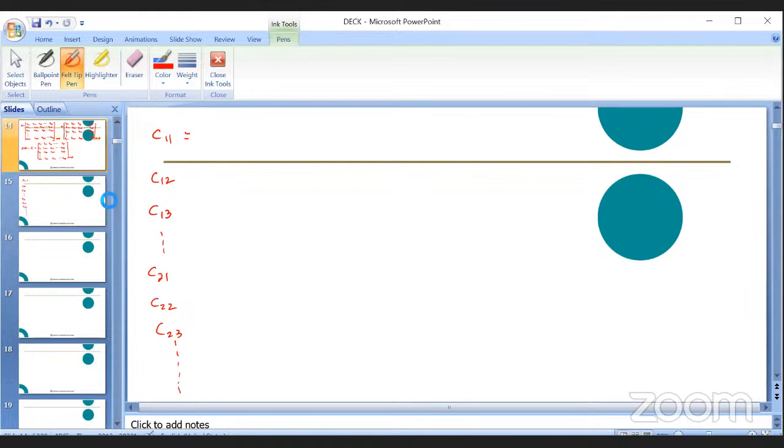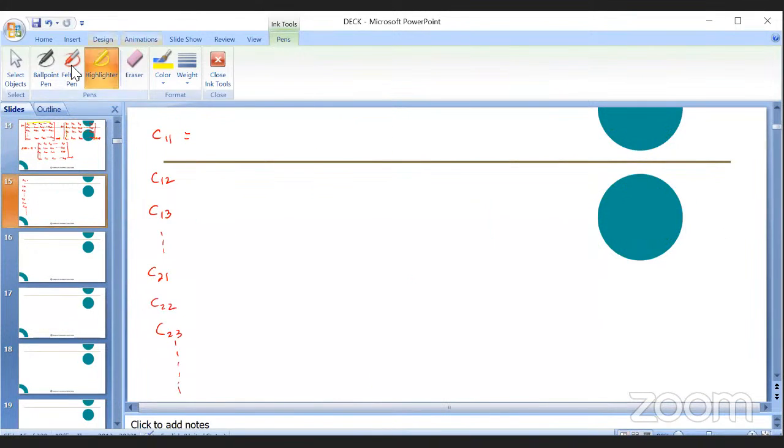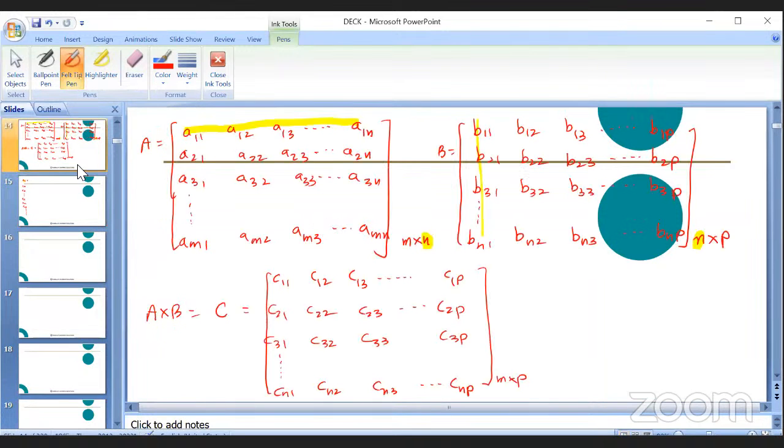So C11 you will get by taking first row, first column and multiplying and then adding. C11 means first row, first column. So what are the elements of first row, first column?